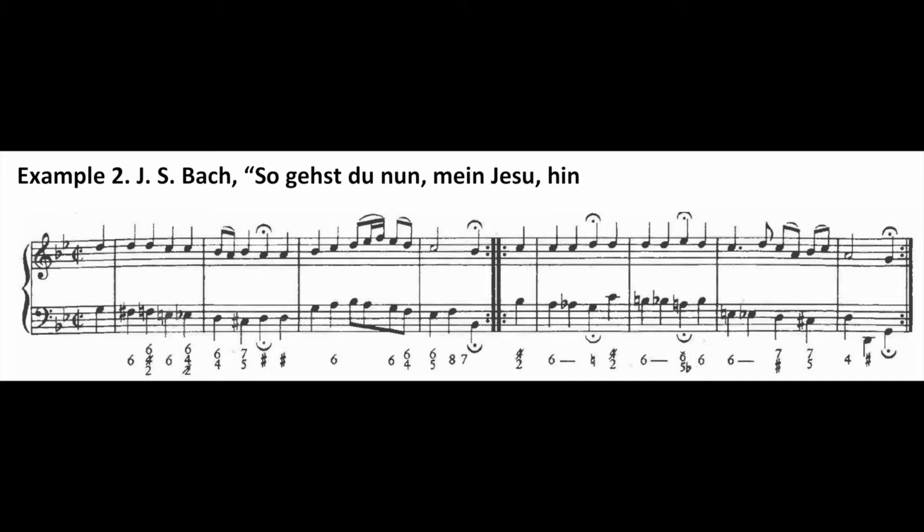So gehst du nun, mein Jesu, hin, den Tod für mich zu leiden. Für mich, der ich ein Sünder bin, der dich betrübt in Freuden.